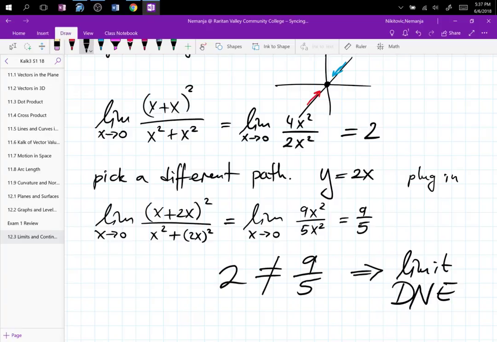You are going to do substitution y equal mx. Because if you have substitution y equal mx, that takes care of all paths for all possible lines going through the origin. Right? And if you do that, then your answer, if there is no limit, will be in terms of m, and if there is a limit, then all m's cancel.